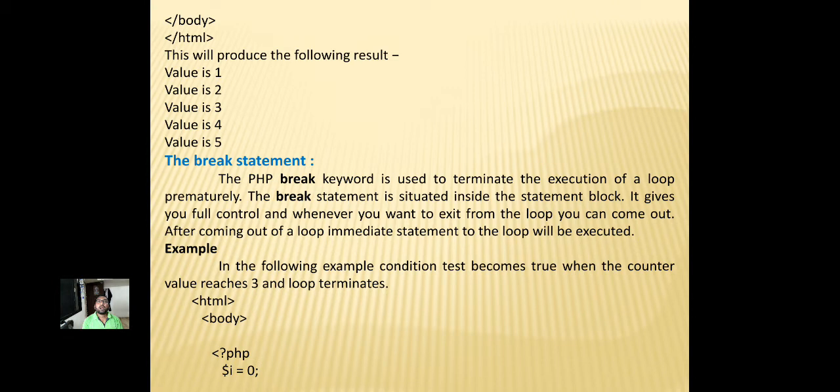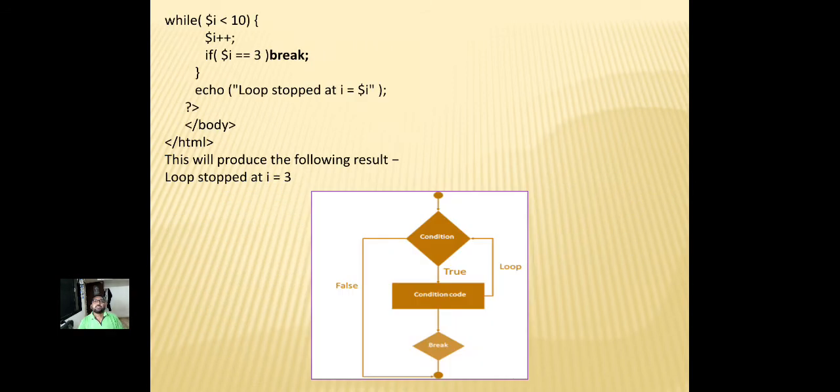After coming out of a loop, the statement immediately after the loop will be executed. Example: in the following example, the condition test becomes true when the counter value reaches 3 and the loop terminates. This will produce the following result: loop stops at i equal to 3.